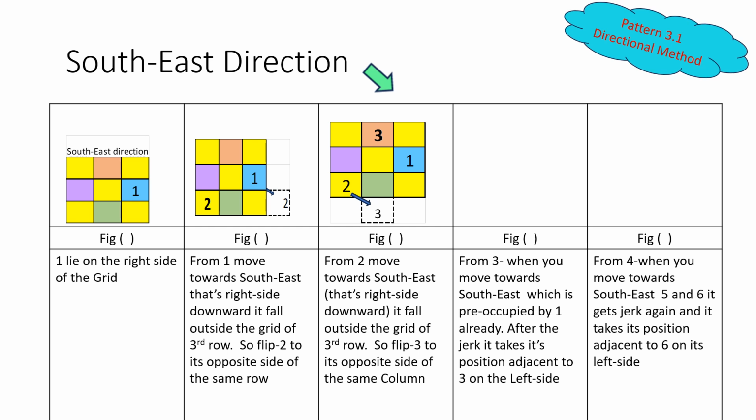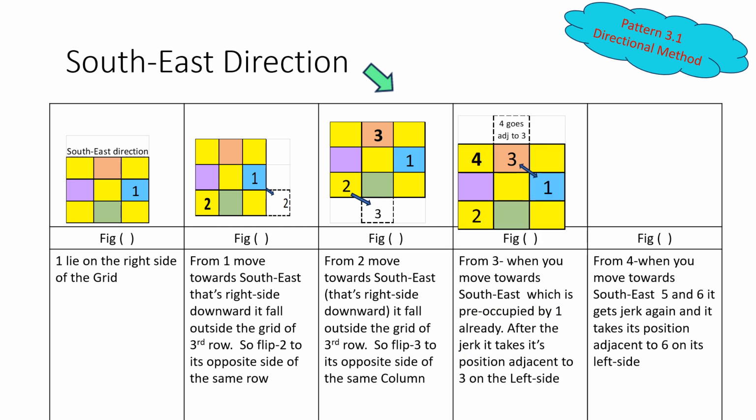Those who are not aware of the flip method, please watch the level 1 beginner's flip method for the detailed explanation. Next, 3 falls outside of the grid, so it gets flipped inside the grid.